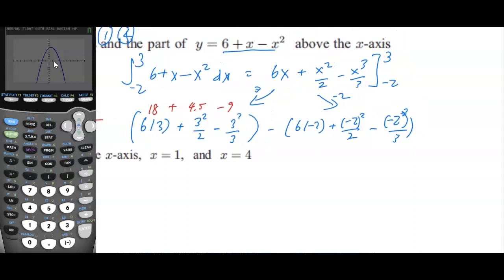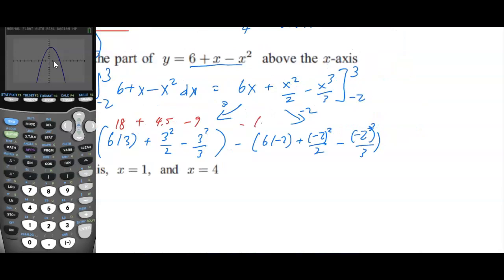Over here we have minus -12. 6 times -2 is -12. -2 squared, which would be positive 4, divided by 2 is positive 2. And then the last one is -2 cubed, which would be -8. -2 times itself 3 times is -8. -8 divided by 3, minus -8 divided by 3. So it would be plus 8 over 3.